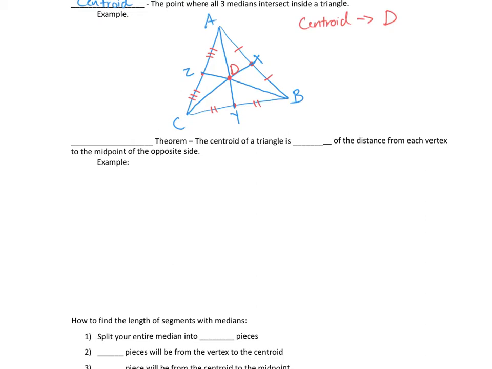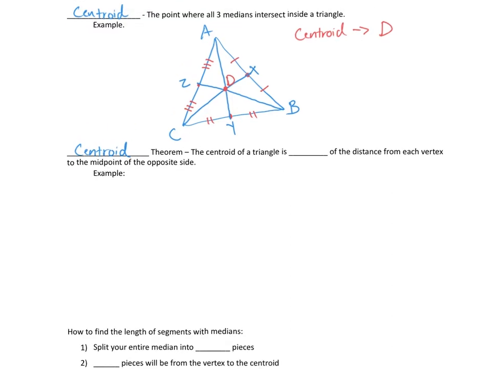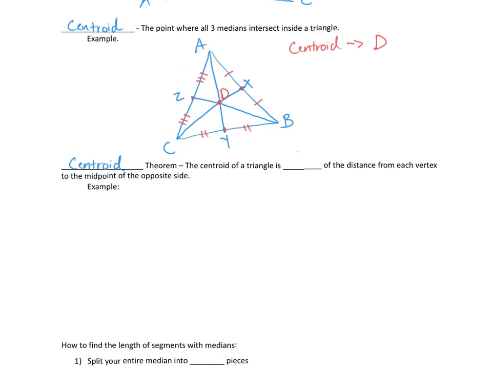Our centroid theorem states that the centroid of a triangle is 2/3 the distance from each vertex to the midpoint of the opposite side. So what does that really mean?